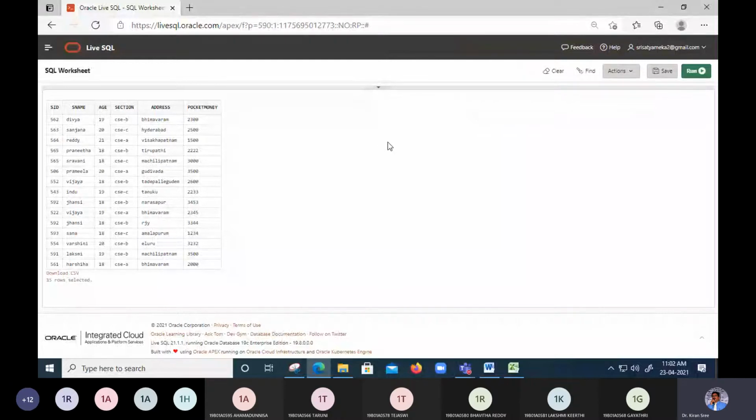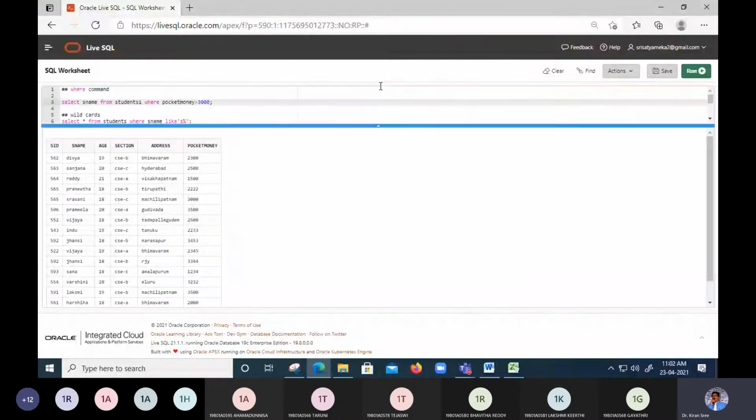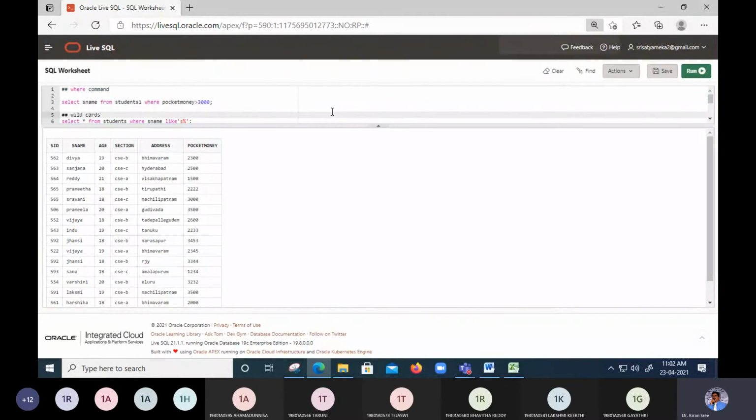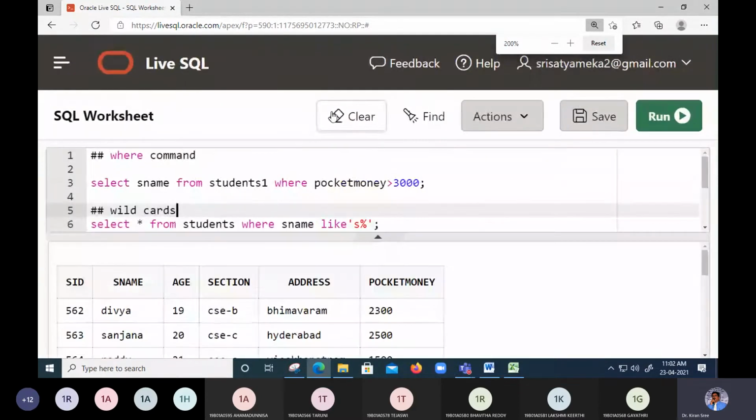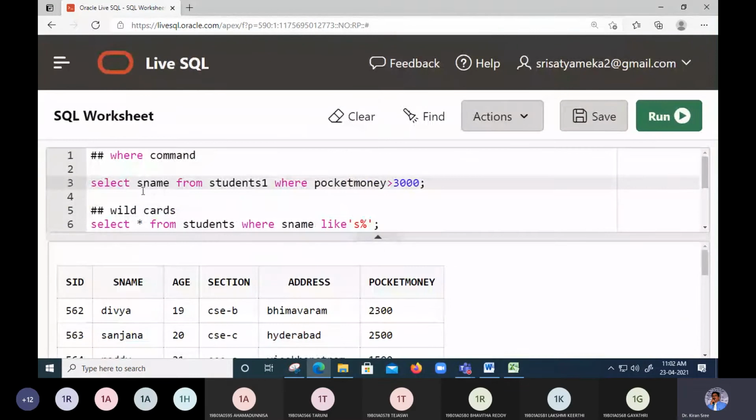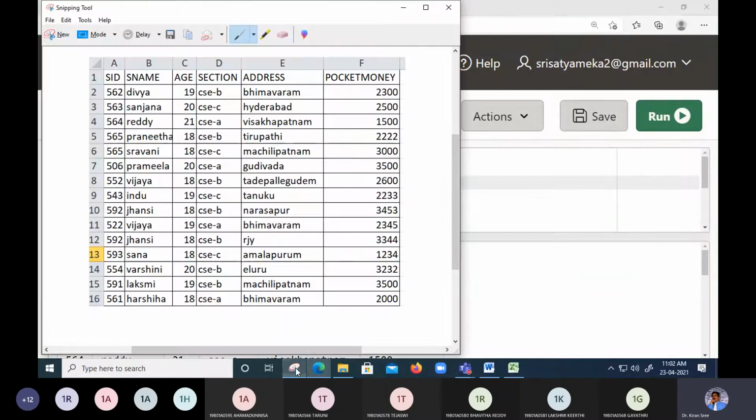How is the where command going to get executed? Select student name from student1 where pocket money is greater than 3,000. So what was our expectation?